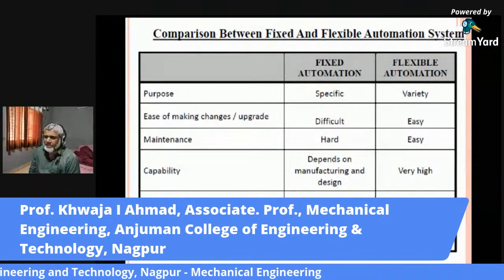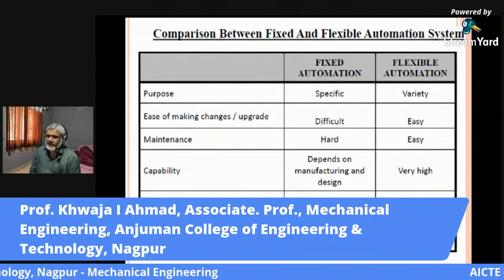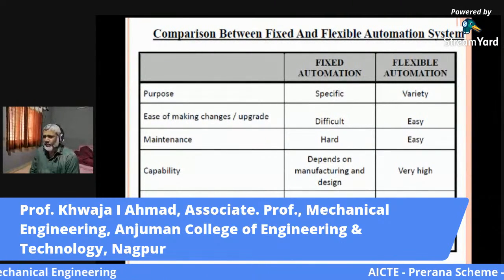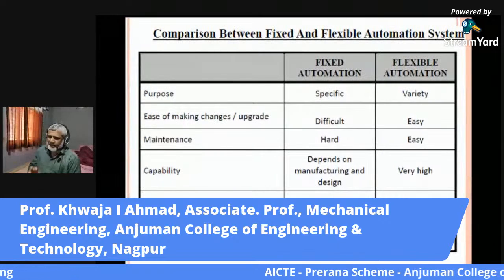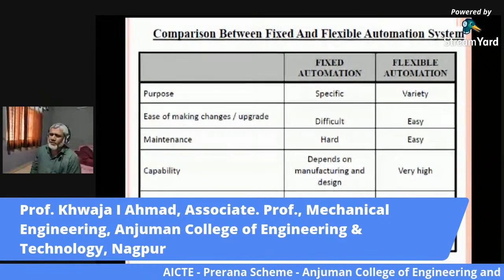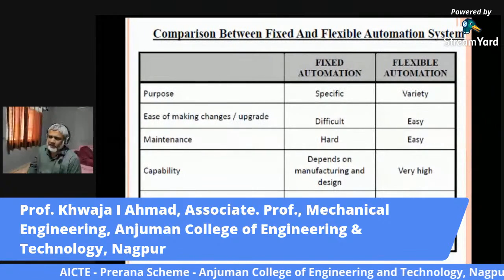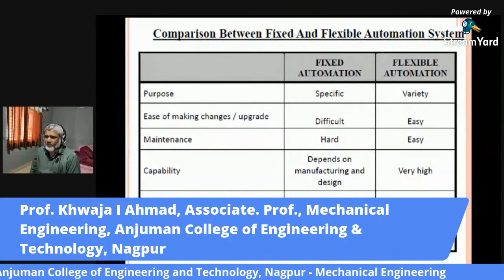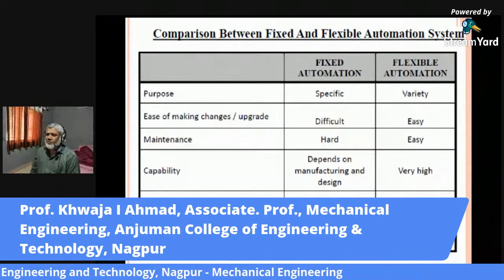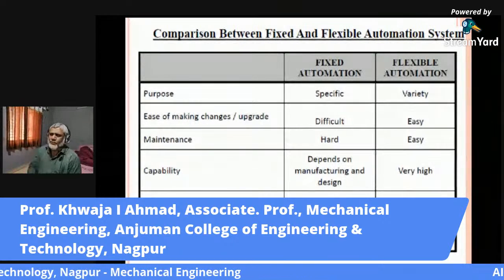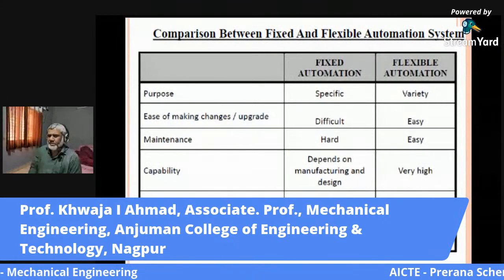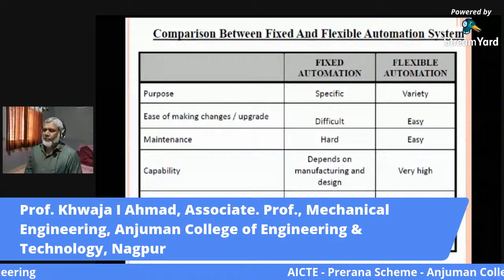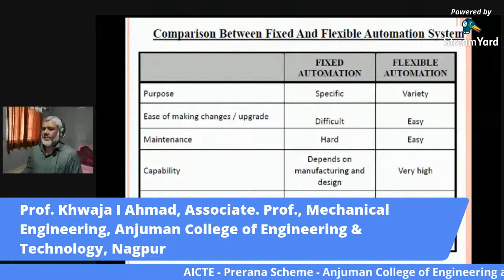Now here in this slide we can have a look at a comparison between fixed and flexible automation. Other than fixed and flexible automation, there is programmable automation. In fixed automation, the purpose is specific, or in simple words, the product is fixed. Only variety changes are not acceptable in fixed automation up to a certain extent.